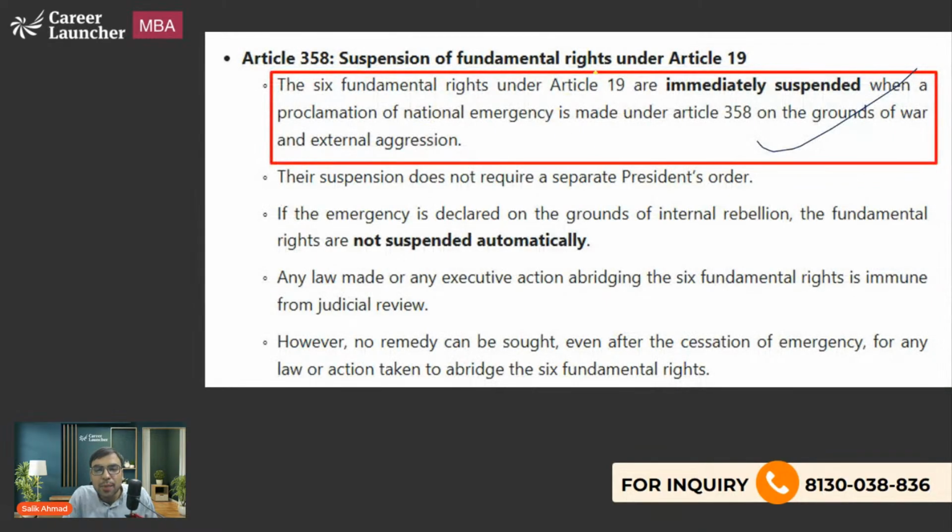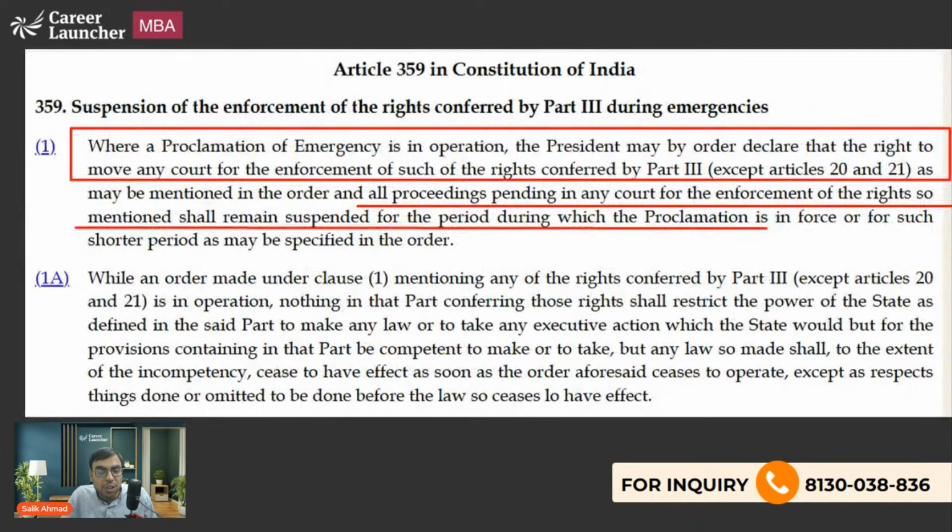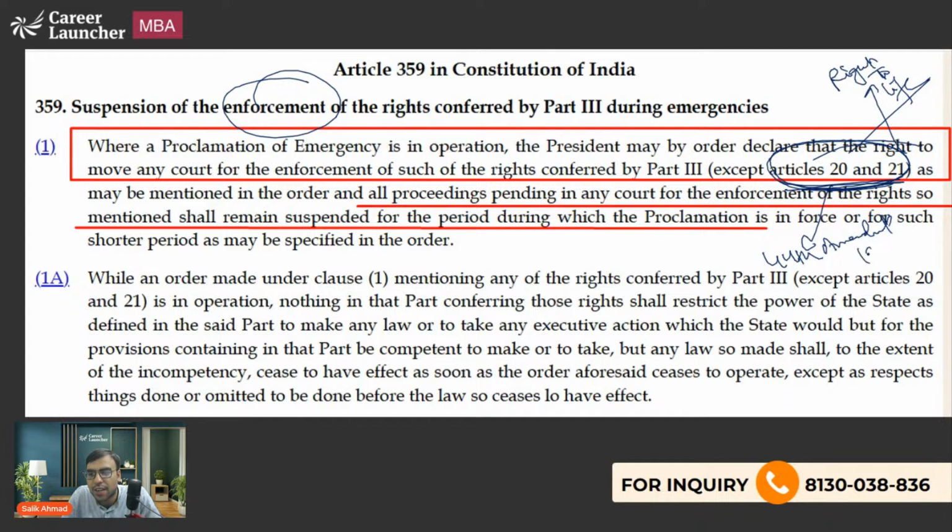Article 19 is by default suspended, but you should know that the president can suspend the enforcement of other articles also, except Article 20 and 21. Article 21 is related to the right to life. This is very, very important. Article 20 and 21 cannot be suspended even during emergency. This provision was added by the 44th Amendment, 1978.